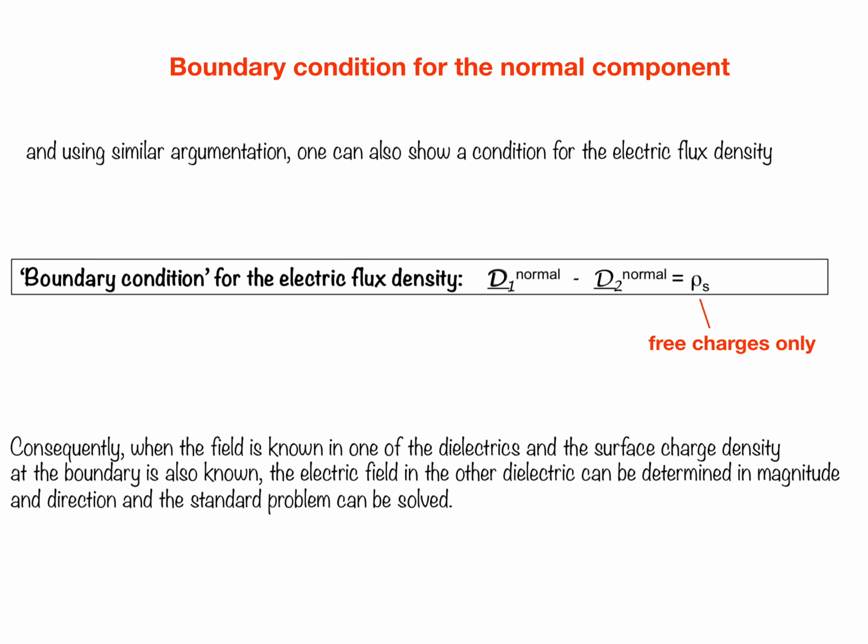Consequently, when the field is known in one of the two dielectrics and the surface charge density at the boundary is also known, the electric field in the other dielectric can be determined in magnitude and direction using the two boundary conditions, and the standard problem is solved.